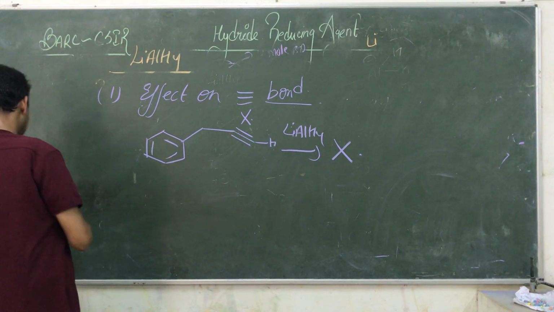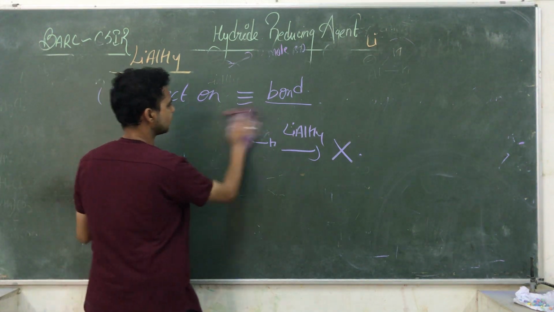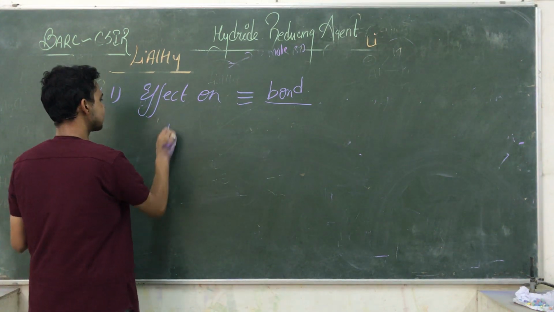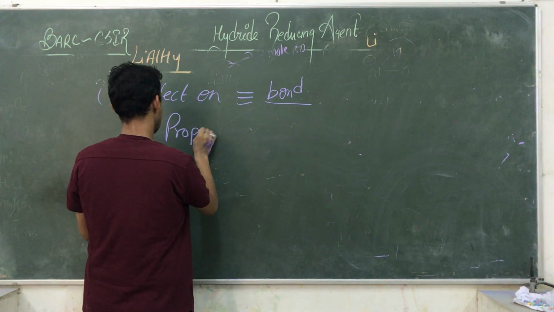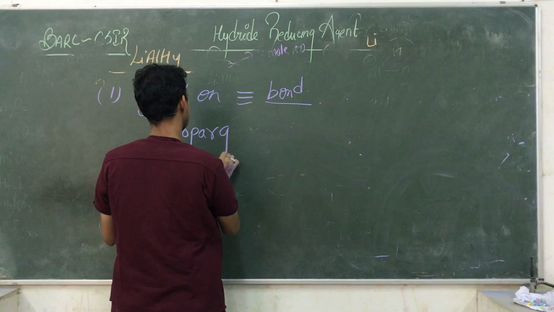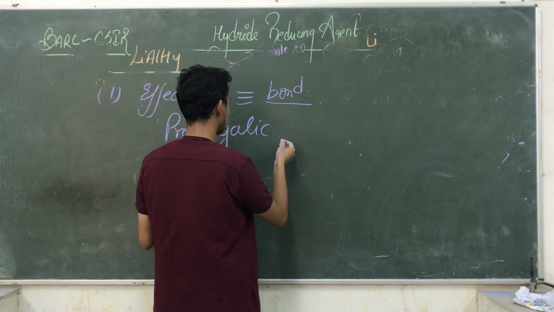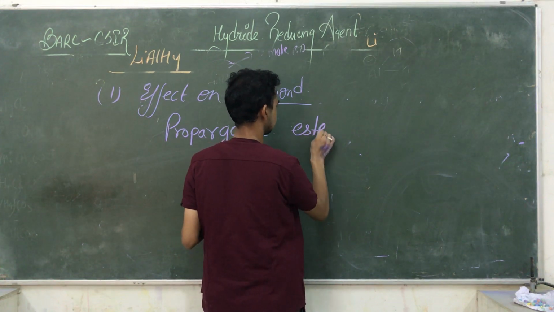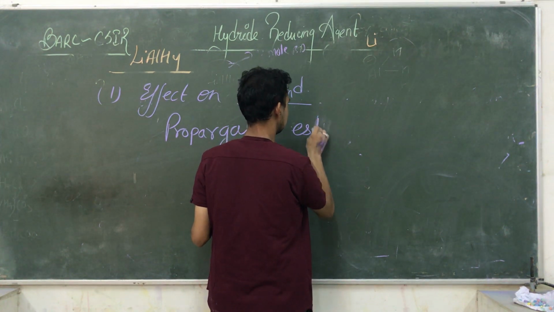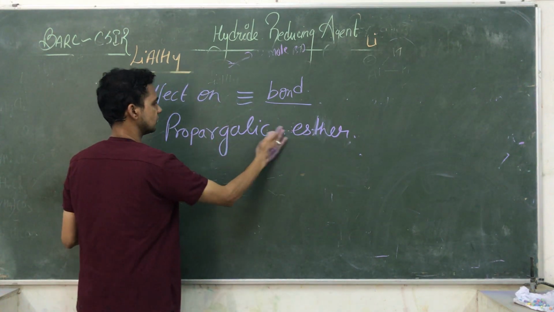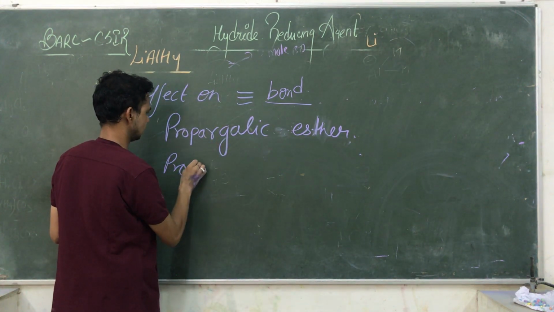But certain kinds of triple bond compounds are generally affected by this. These compounds are known as propargylic compounds: propargylic ether or propargylic alcohol.